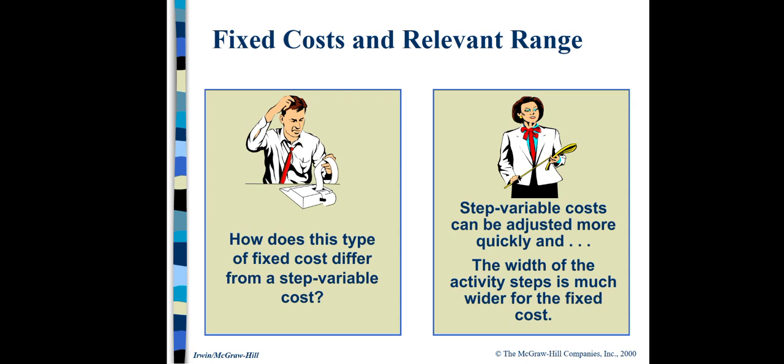Jadi perbedaannya relevant range dengan variable cost, step variable cost itu mudah disesuaikan karena kenaikannya konstan. Namun secara luas area aktivitas, biaya tetap itu lebih gampang diatur dan dapat dengan mudah cepat dan mudah diketahui berapa besarannya. Nah, itu adalah perbedaan dari fixed relevant range antara step variable dengan fixed cost.